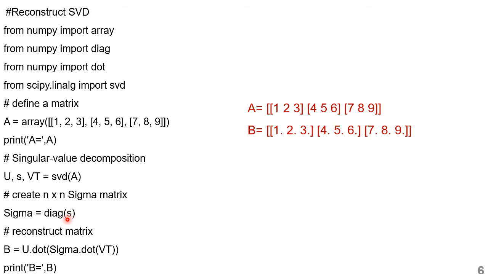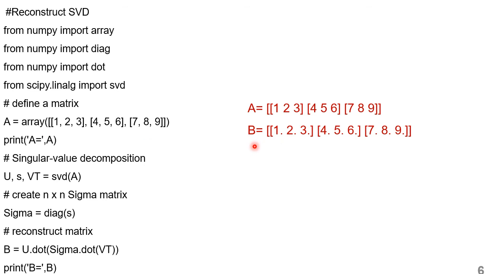Once I know these sigma matrix, U matrix, and V transpose matrix, I can always reconstruct it as U dot sigma dot V transpose. So this B matrix, whatever I get here, should be same as that of A matrix.